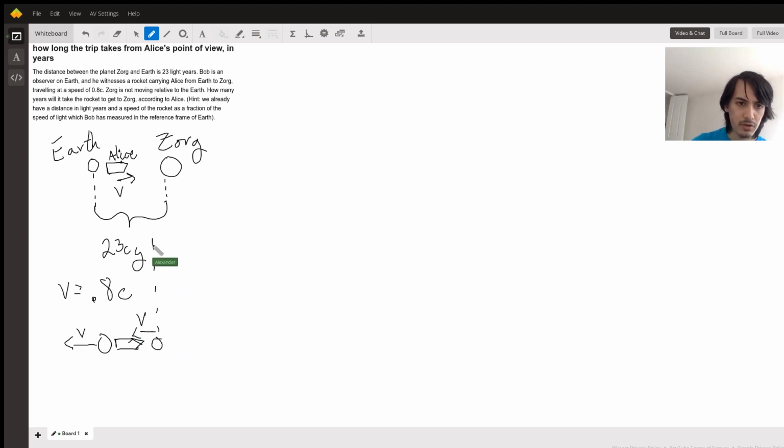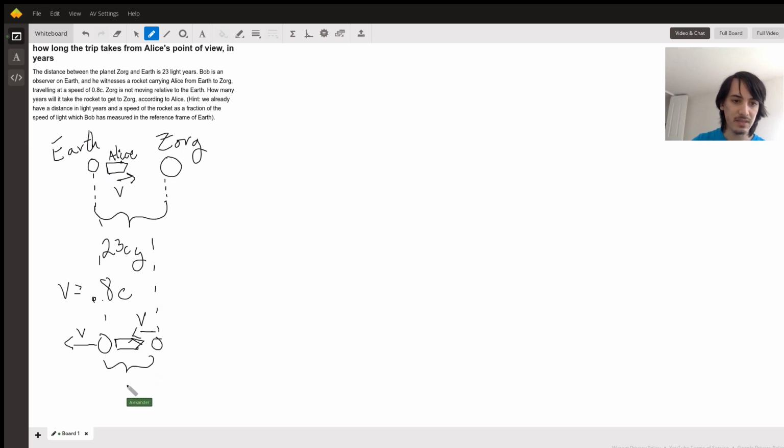And crucially, due to length contraction, the distance that Alice perceives between Earth and the planet Zorg is actually shorter than the distance that Bob, our observer on the planet Earth, perceives between these two.